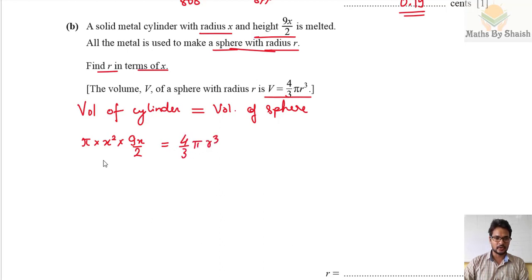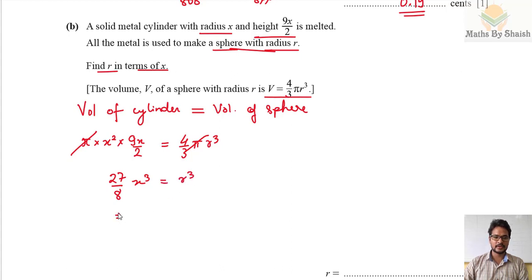And now we need to solve this. We can see π got cancelled, and we can cross multiply. We will get 9 3s are 27, and 4 will come down, it is going to be 8, and x squared into x is x cubed, it is going to be the same as r cubed.